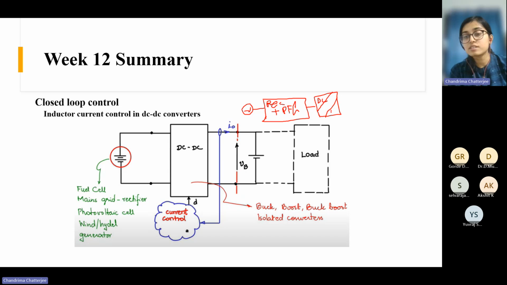And after this DC-DC stage, we will have the battery connected with the output of the DC-DC converter. Okay. So we will have the battery here. Right. And this is our AC input. Okay.